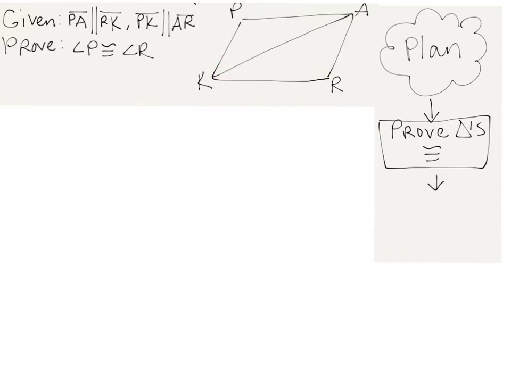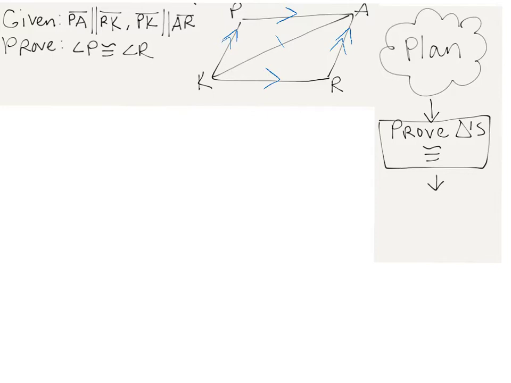We're going to start by labeling our given information. PA is parallel to RK, and PK is parallel to AR. Now right off the bat, I know that those two triangles I showed you share a side, this side. So I know that that side's congruent to itself. The other thing I know is that I know how to prove angles congruent with parallel lines.